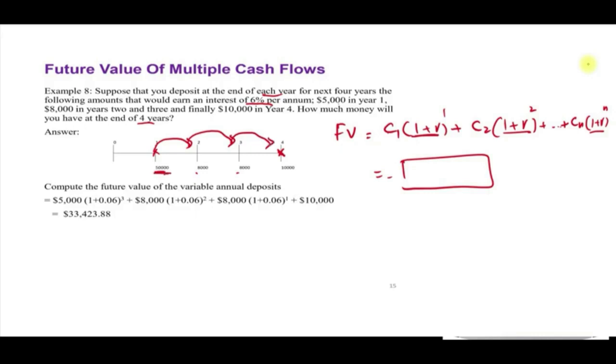So this amount would be taken to the future for 3 periods. Students normally make the mistake of using 4, 3, 2, 1. Don't do that, because the first payment is not here at time 0. If the first payment were here, of course it would be compounded for 4 periods, but this payment is starting in year 1. So how many periods do we need? 1, 2, and 3.